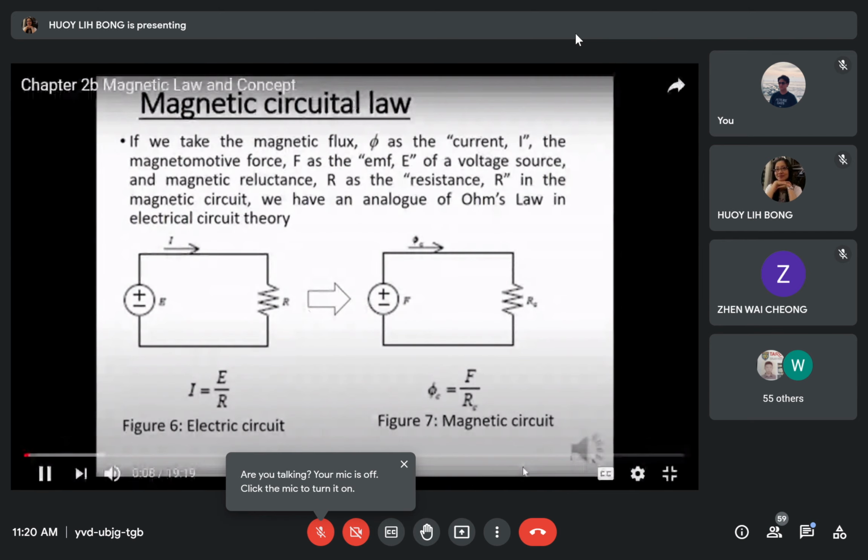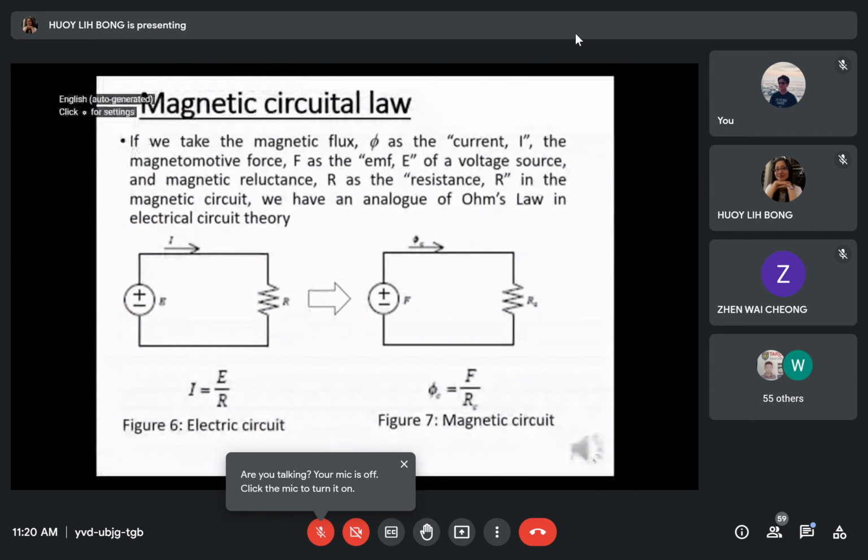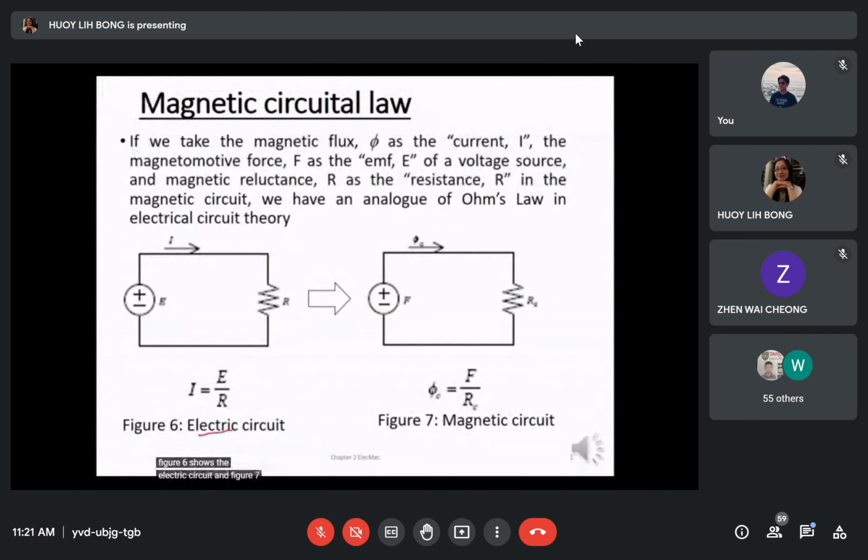Figure 6 shows the electric circuit and figure 7 shows the equivalent magnetic circuit, in which the magnetic flux is the same as current and the MMF is represented as the EMF in the voltage source, and the magnetic reluctance is the equivalent of resistance.